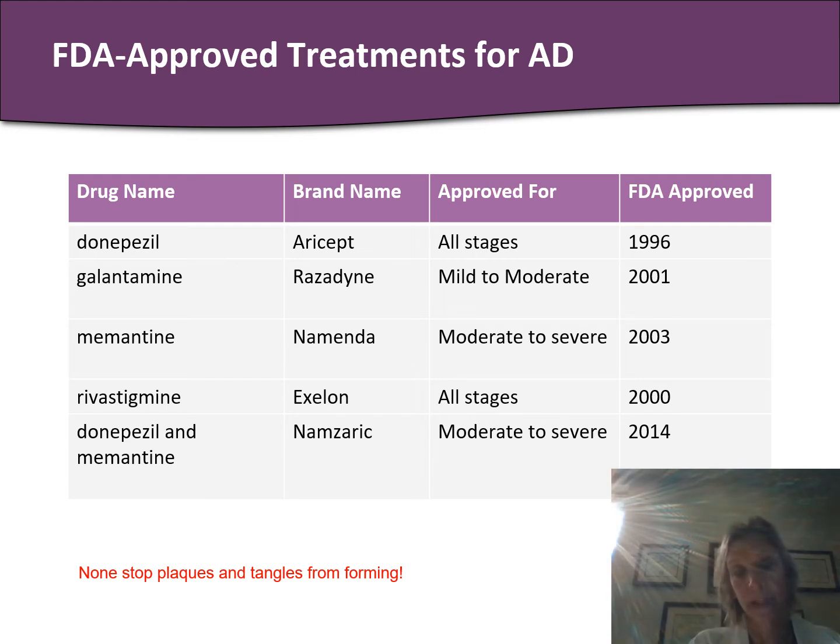The two different types of medication work by different mechanisms. The cholinesterase inhibitors have been FDA approved even for early symptoms of Alzheimer's disease, where memantine is approved for more moderate to severe stages. A person can be on both medications at the same time because they work by different mechanisms. That's why more recently there is a combined pill which includes both the donepezil and the memantine.